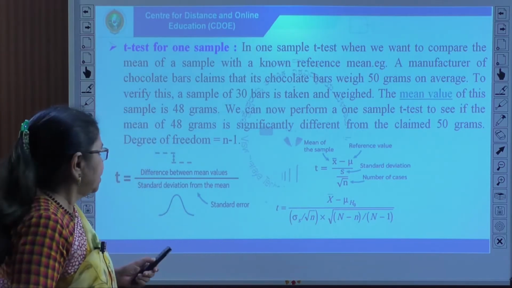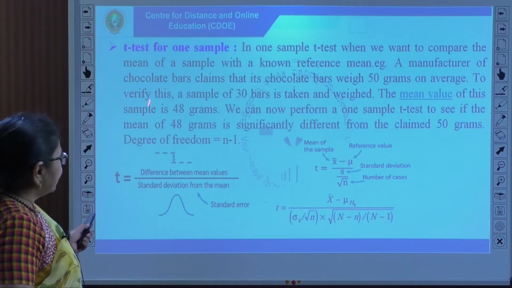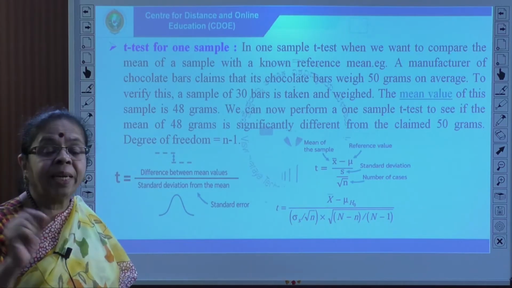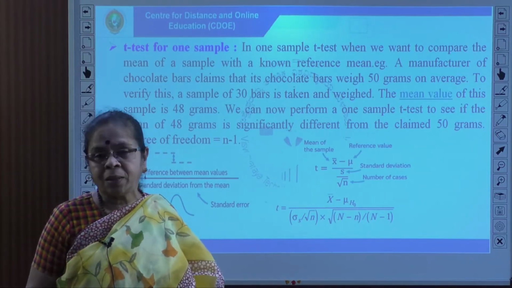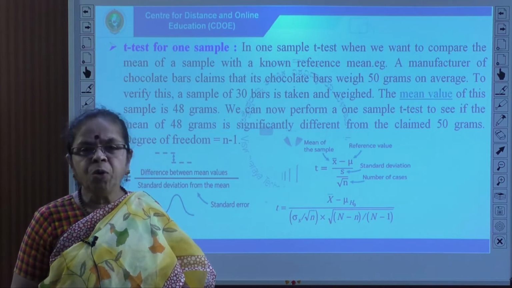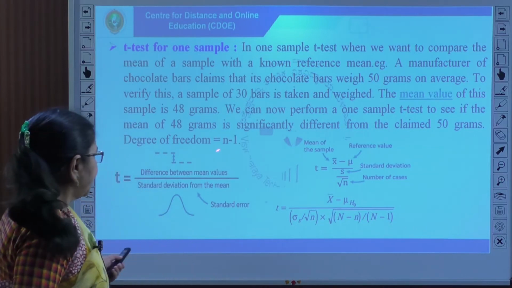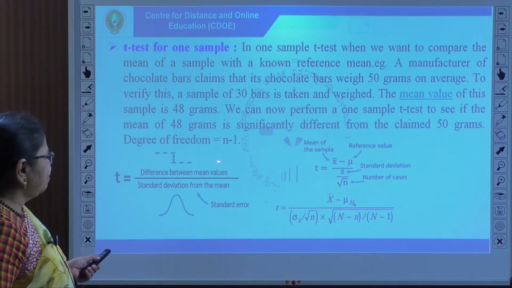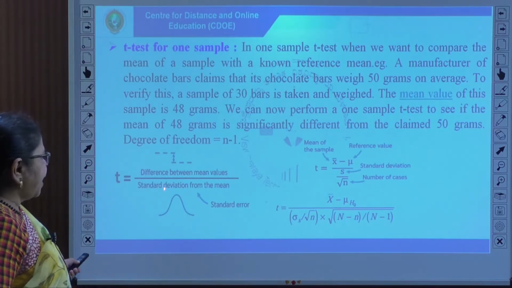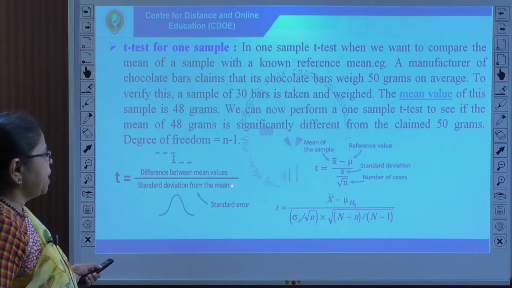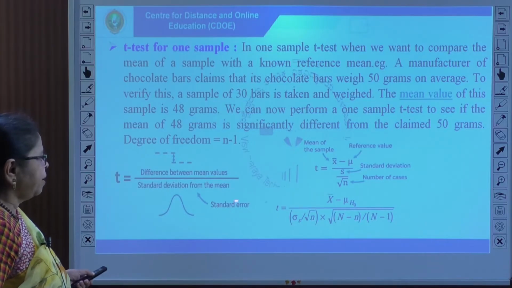Now, in general, like we had the z factor, x bar minus mu divided by sigma by root n, similarly we have a t factor. It is the difference between mean values divided by the standard deviation from the mean. This is called the standard error.